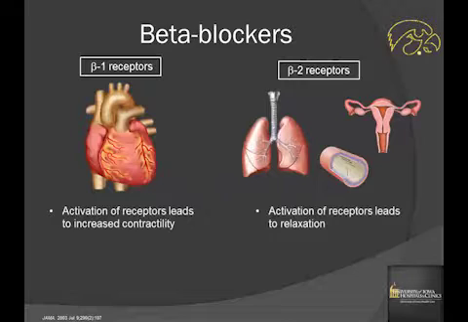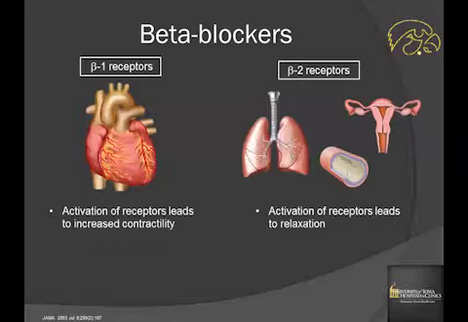So the beta 1 receptors, activation of those actually leads to increased contractility, which is why utilizing beta blockers, things like metoprolol, carvedilol, atenolol, slow down the heart rate. Beta 2 receptors, on the other hand, when those are activated, it actually leads to relaxation of the muscles. And this is obviously beneficial in the lungs and potentially in some of the vascular and the uterine muscles as well.